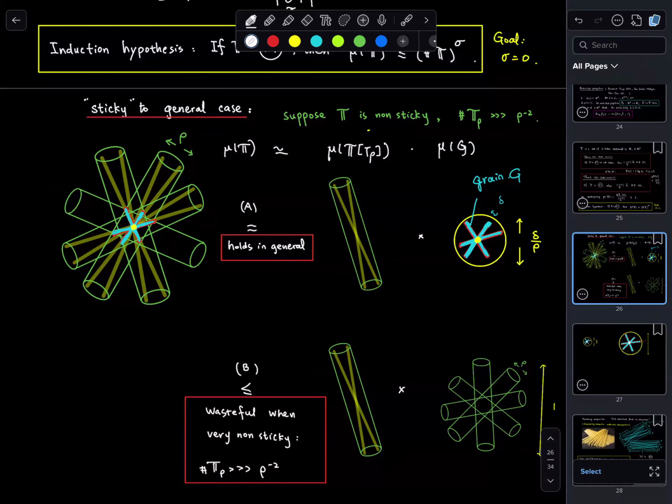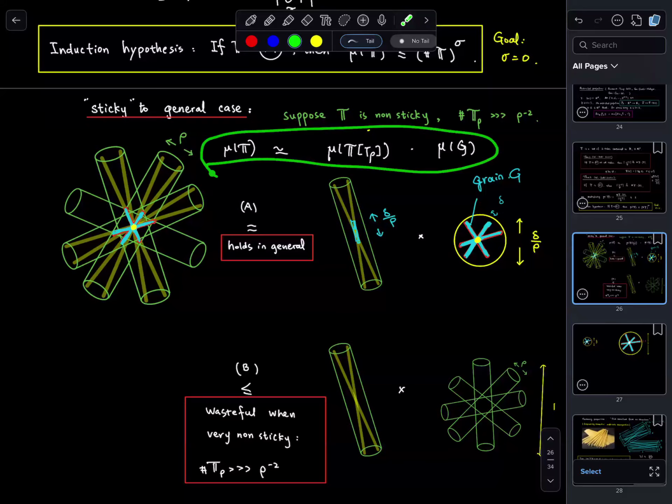The grains means that when the thin tubes inside a thick tube intersect, since their angle separation is too small, they in fact intersect into a tube segment. So here the tube segment has length delta over rho and radius delta. As before, we know that this holds in general.